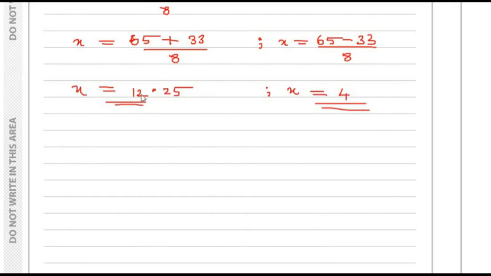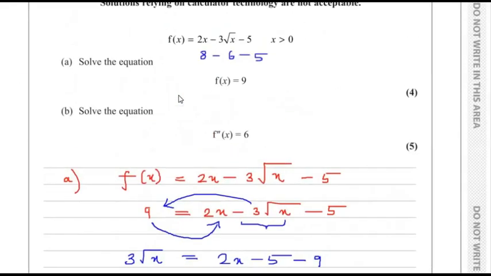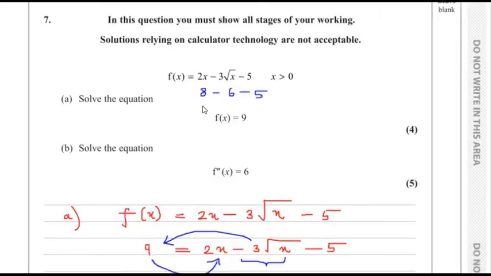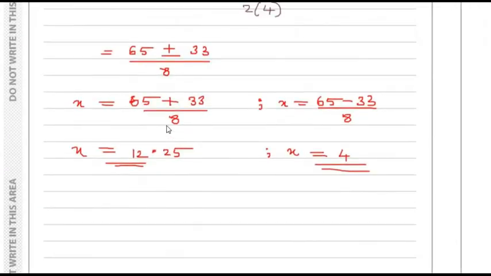that is pick one of the correct answers out of the two. So here we are going to substitute 12.25 in the above f of x equation and check whether we get it as 9 or not. So if it gives me f of x equal to 9 after substituting x equal to 12.25, then the value of x is correct. So let us check first for the 12.25.